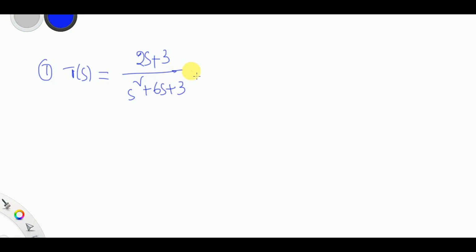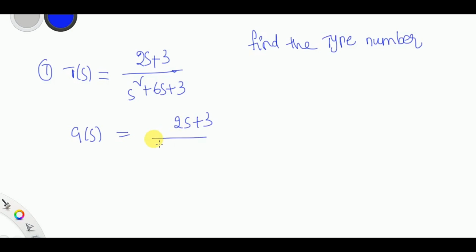This is the given question: find the type number. As this is the closed loop transfer function, you should find G of s from T of s. I already told you a shortcut: numerator by denominator minus numerator.